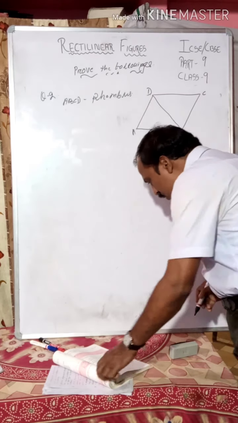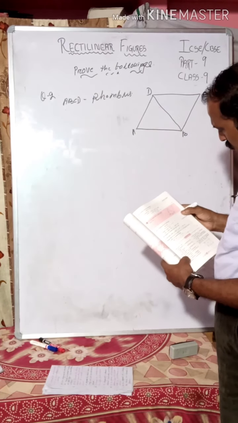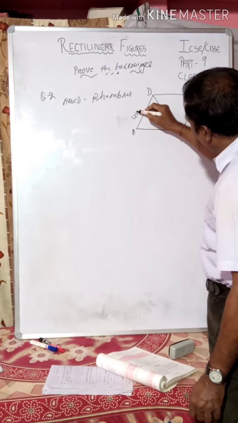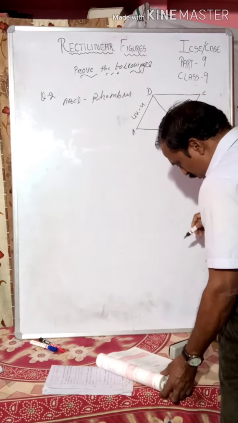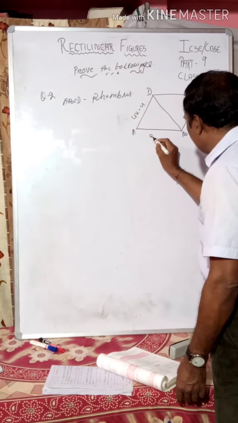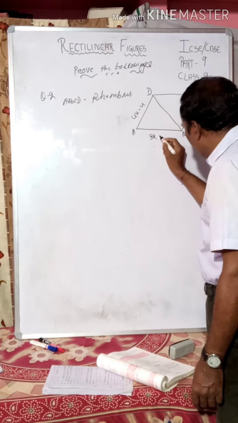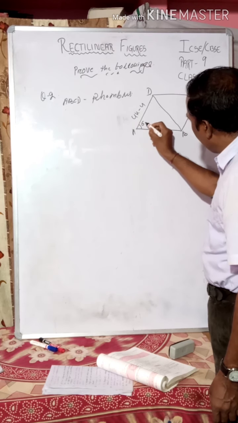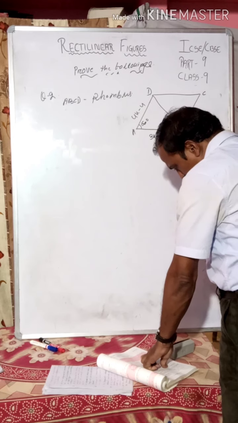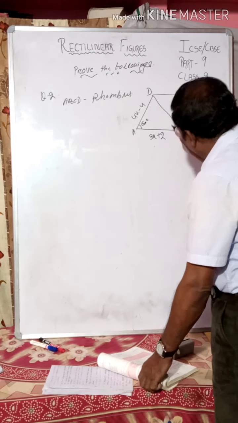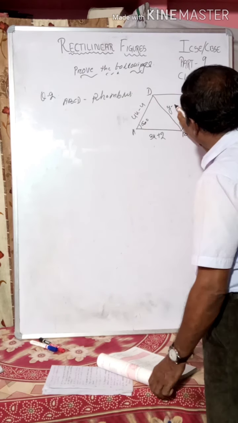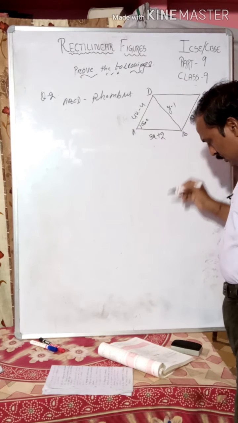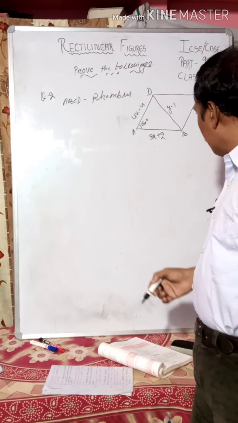This side is 4x minus 4. This is 3x plus 2. This angle is 60 degree. This diagonal is y minus 1 centimeter. Find x and y.